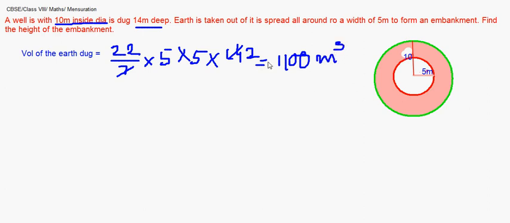Now this should be equal to the volume of the embankment, where the earth is taken out and spread all around to a width of 5 meter, okay? And so what is the area of that embankment? It will be pi r square minus pi r square, the shaded region.